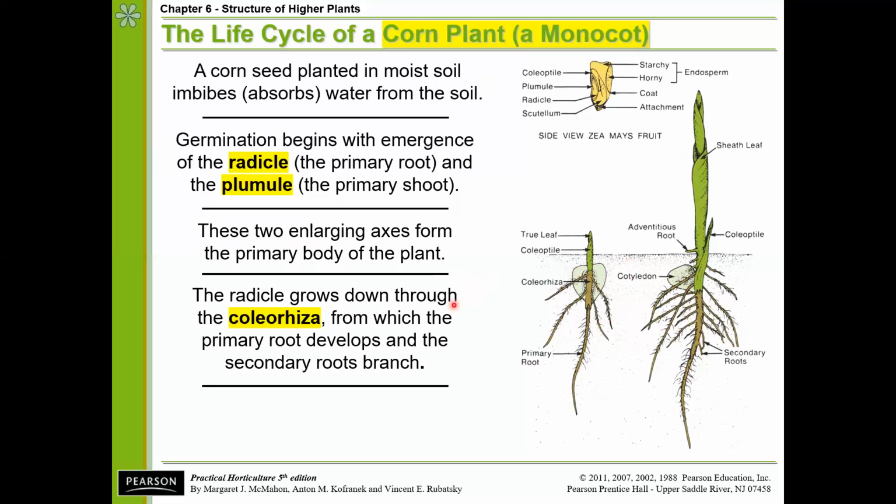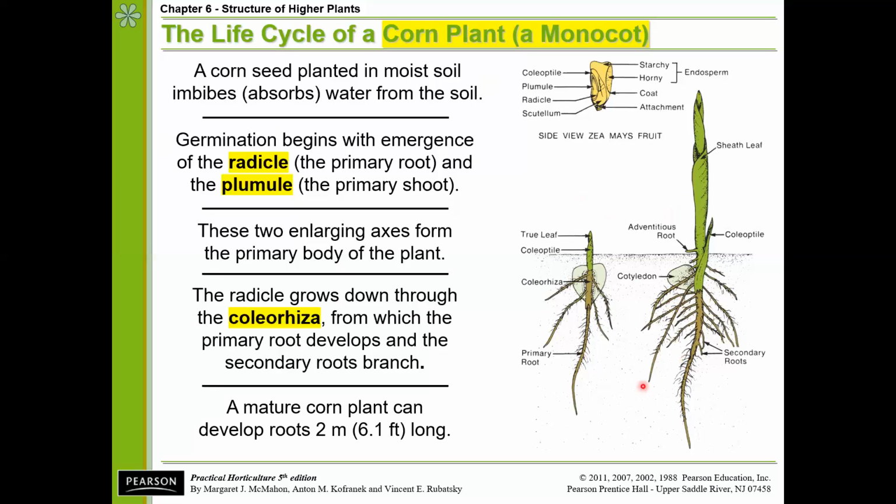So the radicle grows down through this coleorhiza, kind of like a taproot, but it's just this area where there's active cell division taking place, and then we have secondary roots branching off of it. And then you can see the cotyledon itself is really just feeding that embryo until the first true leaves appear and it can photosynthesize on its own.